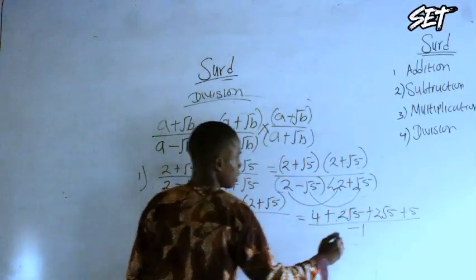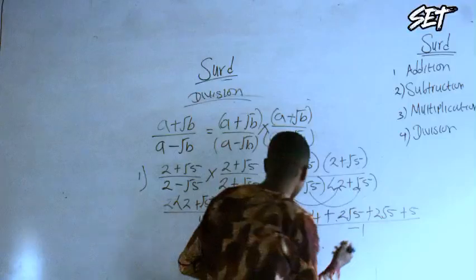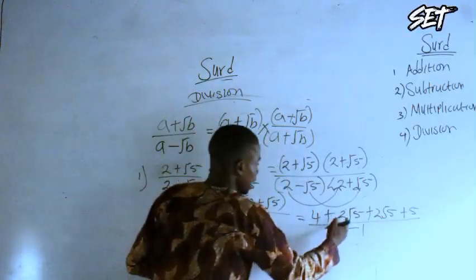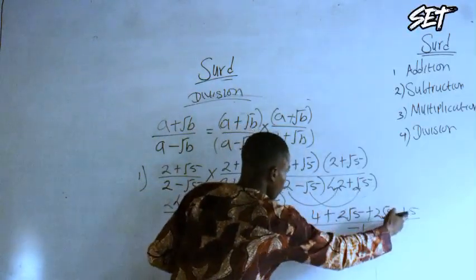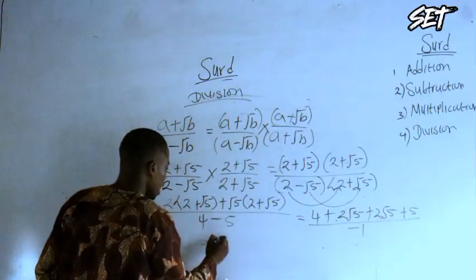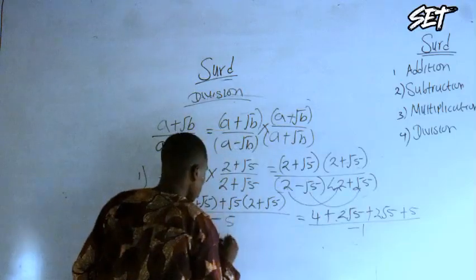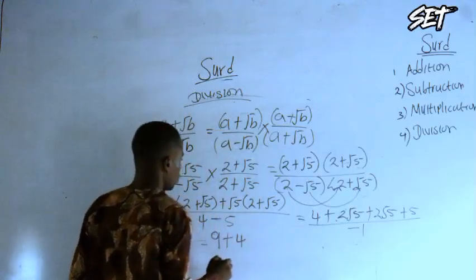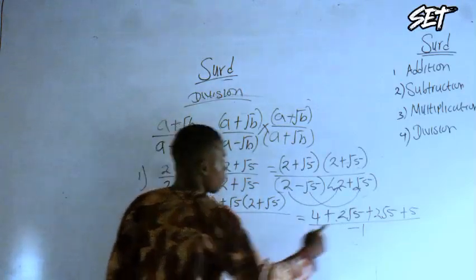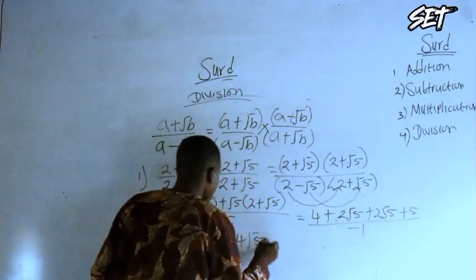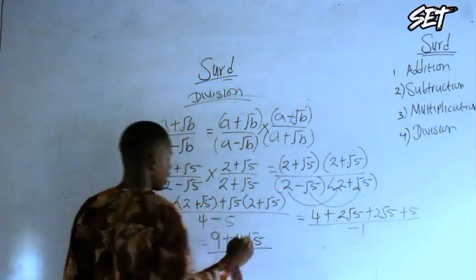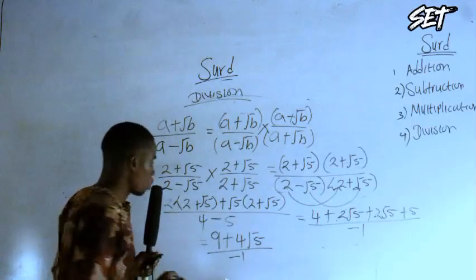Now, look at this. We can really understand what is going on here now. 5 and 4 will give us 9. 2 plus 2 will give us plus 4 root 5, all over minus 1.